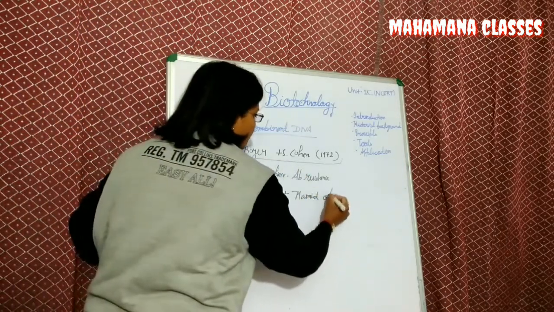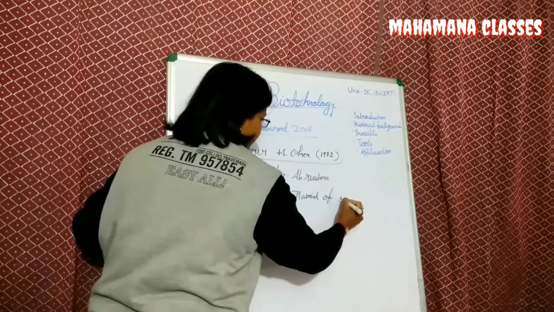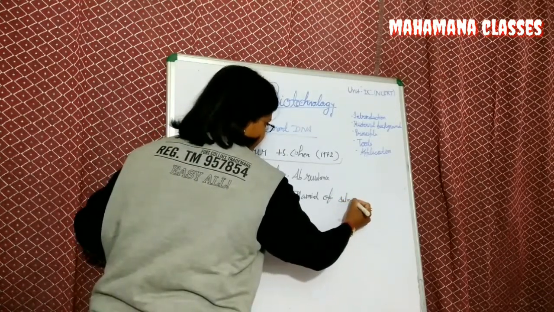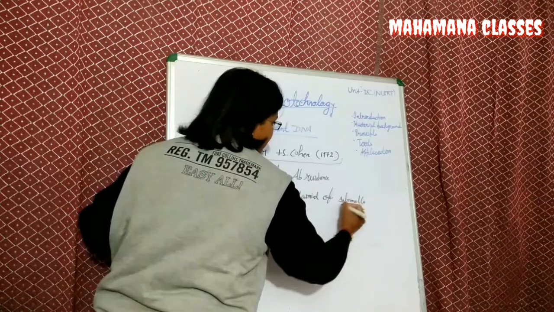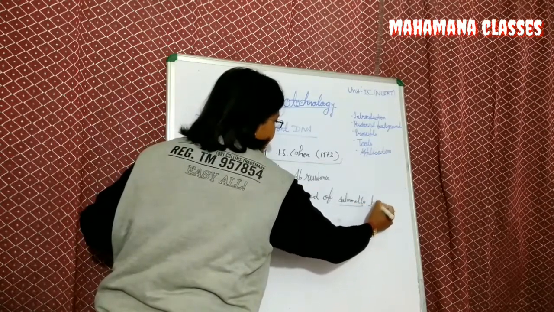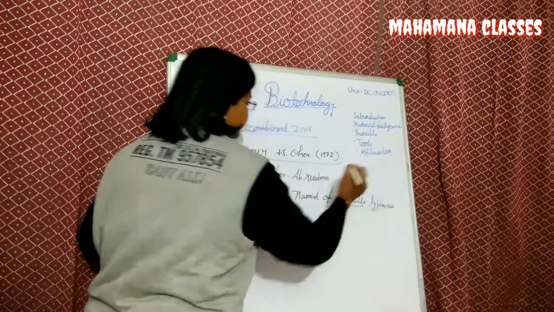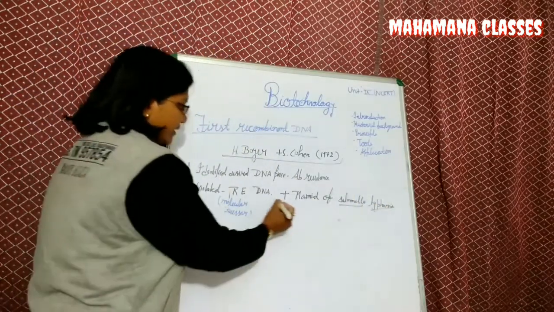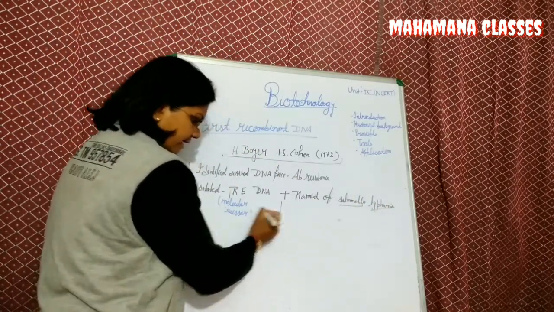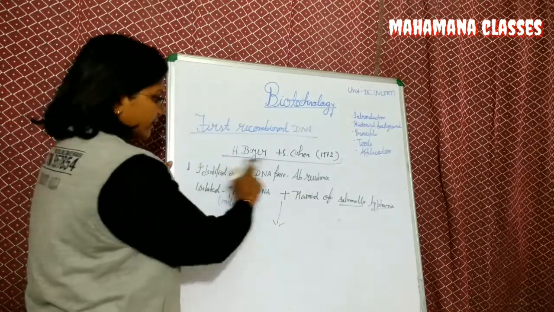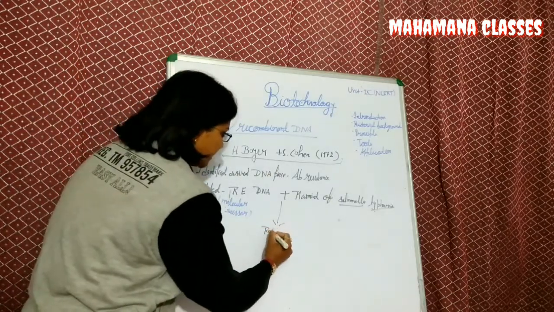The plasmid of Salmonella typhimurium. And they get this recombinant DNA.